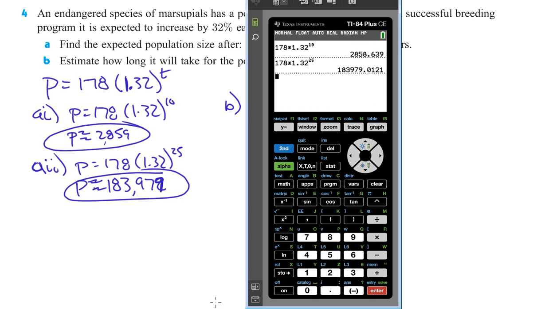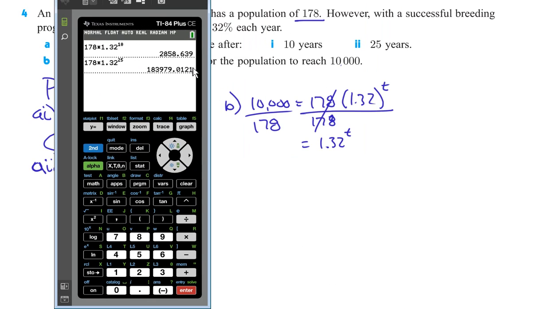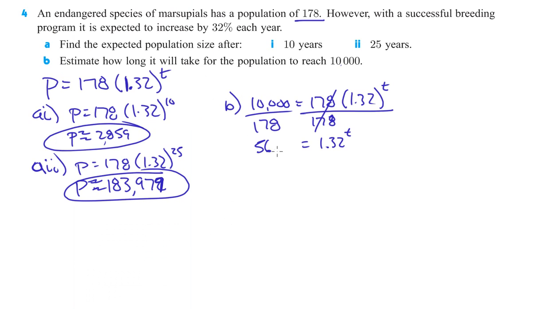And then on this side over here, we've got 10,000 divided by 178, and that gives us 56.18. So that means it's 56.18 times as big as it was originally.